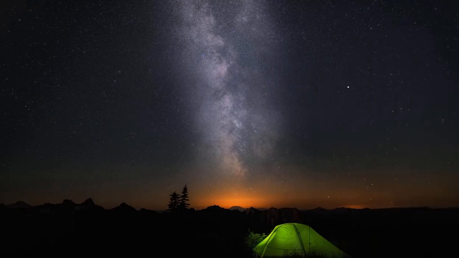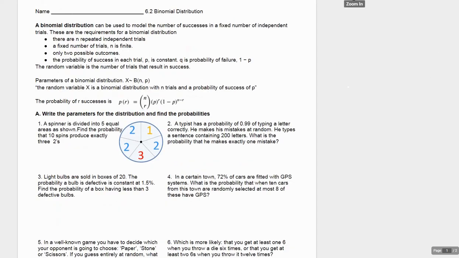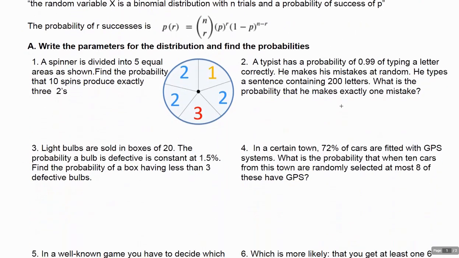Whoop, wrong one. Where did my 6.2 go? All right, where are we at?